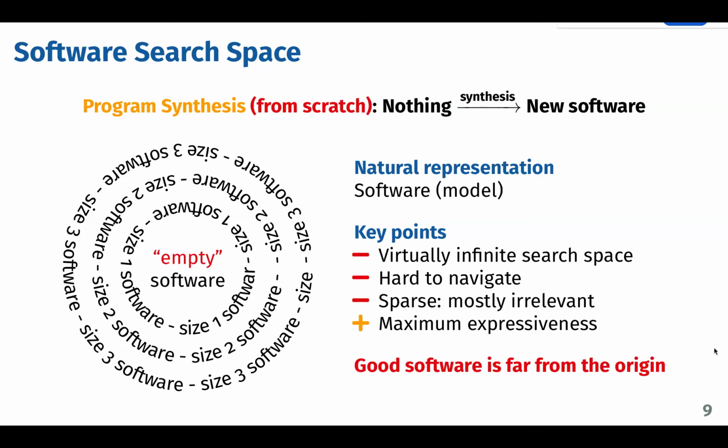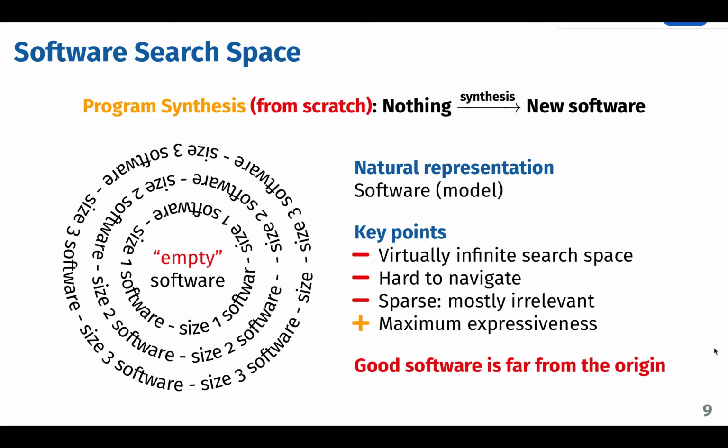So if you look at the big picture, what we want to do is program synthesis. At the end of the day, we want to write new software. We are not doing that from scratch. If you do program synthesis from scratch, you start from nothing, and stuff happens, and at the end of the day, you have new software. And that's kind of hard, because the search space for that is the space of all possible software that you can write.